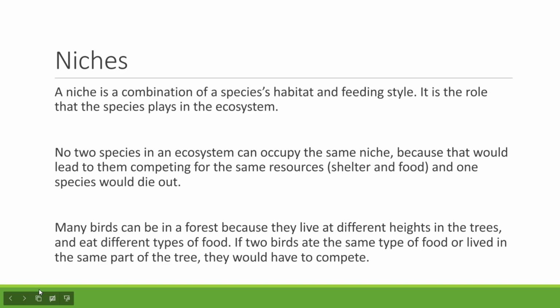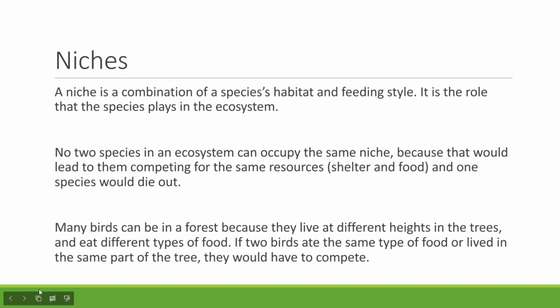Right? If we had two birds that both lived near the floor of the forest, and then also fought over the same materials, only one of them would be able to win out, because by occupying that same living area, right, occupying that same habitat, and having the same food source, they're competing with each other as well as being hunted by the same things.